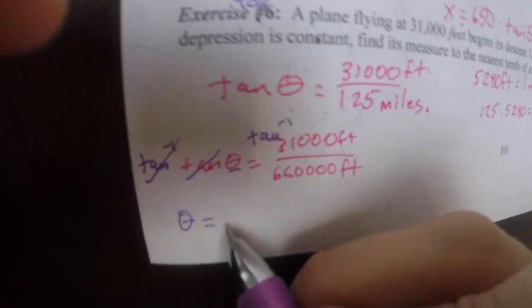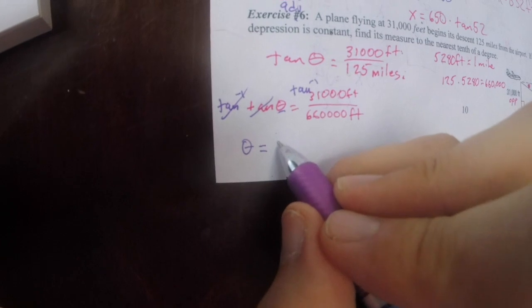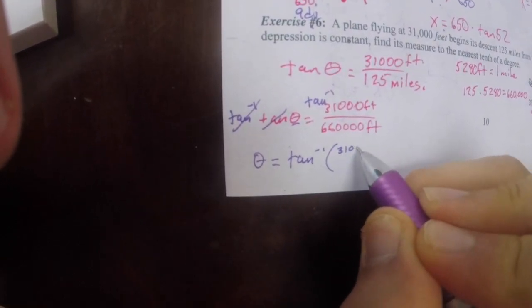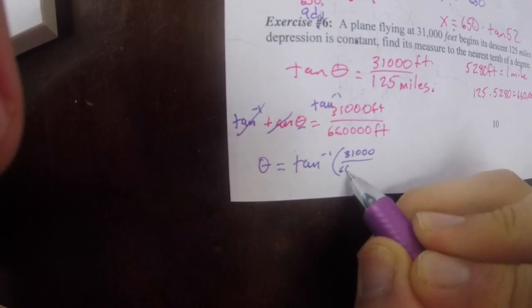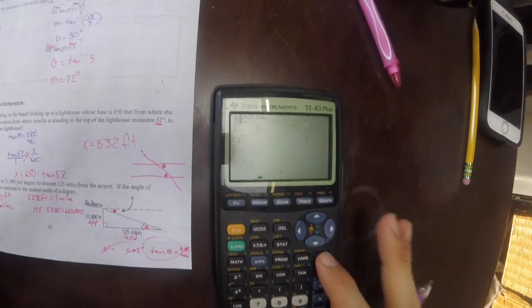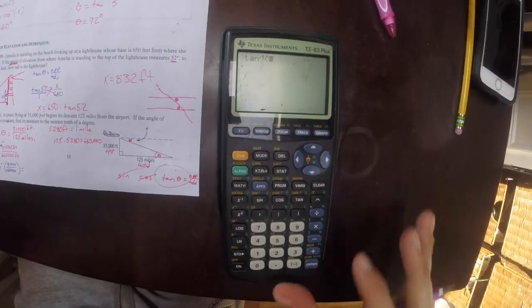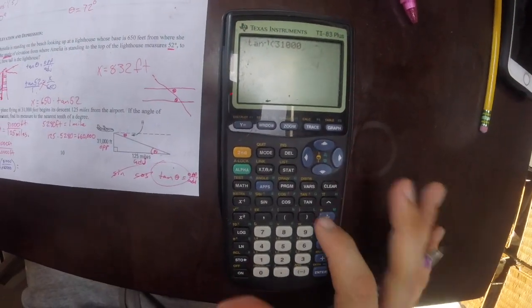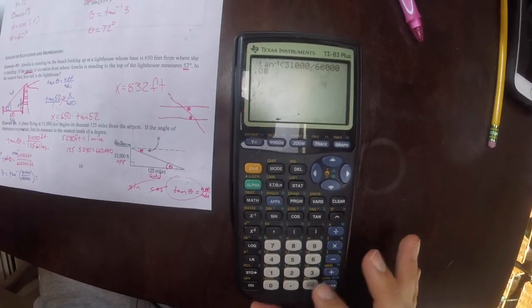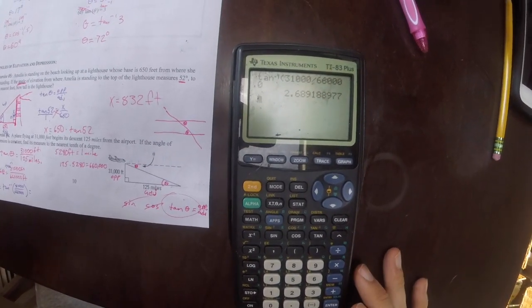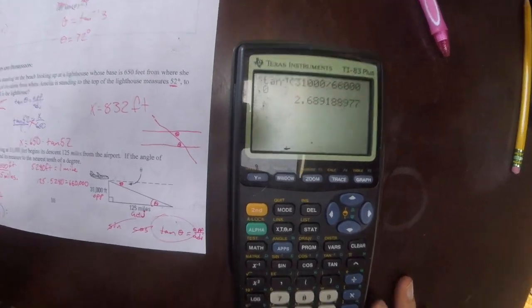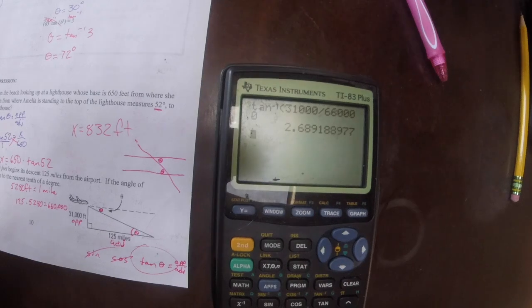And then over here, I have to do the arctan of 31,000 over 660,000. If I pop that in my calculator, the arctan of 31,000 over 660,000 is 2.6891888977 degrees.